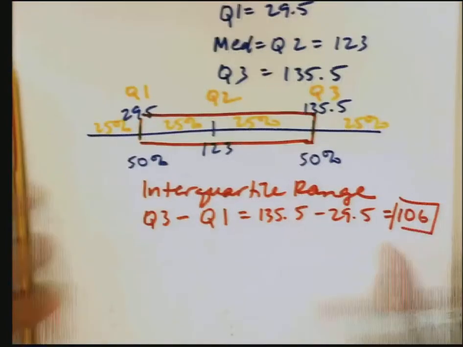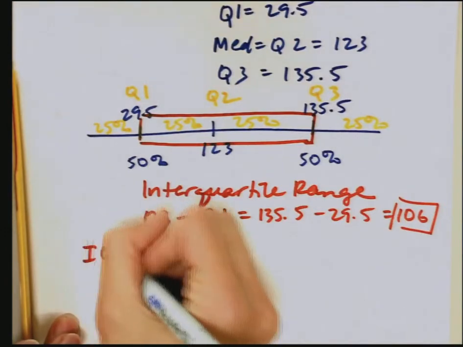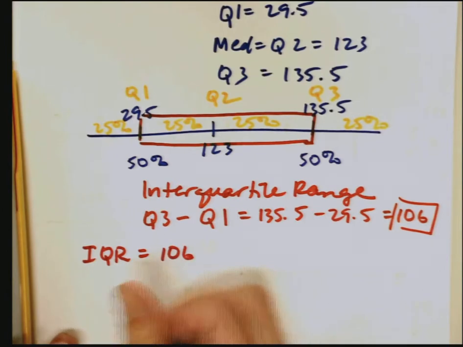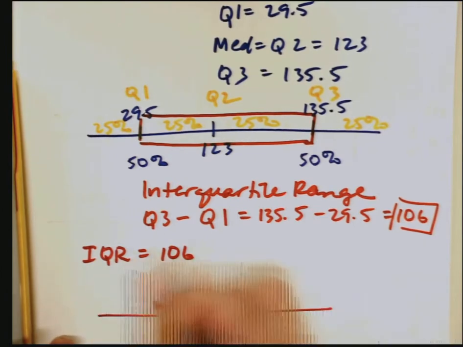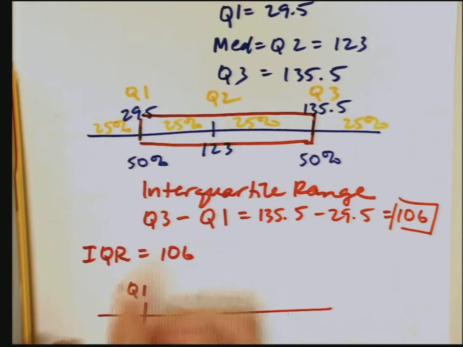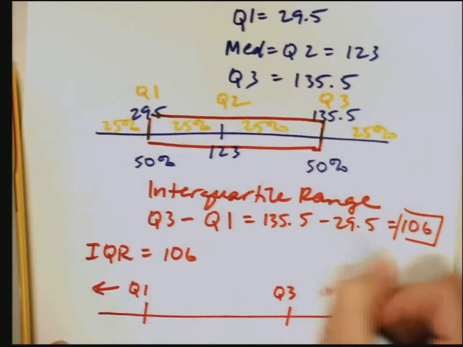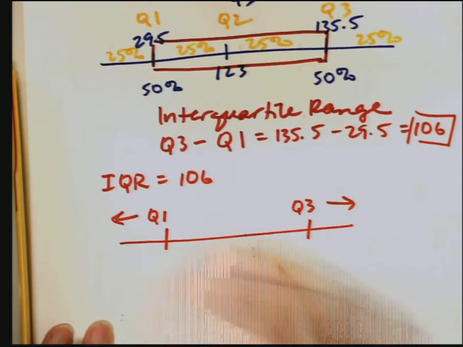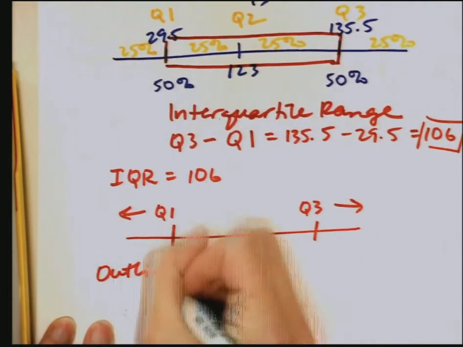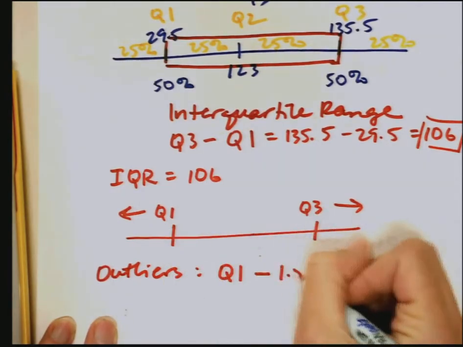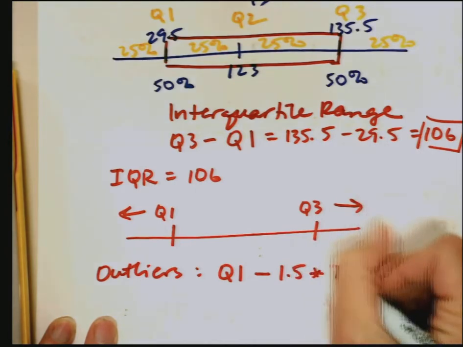I've got this interquartile range, so my IQR is 106. To check for outliers, I take quartile 1 and subtract 1.5 times my interquartile range, and I do something similar with quartile 3, adding 1.5 times the interquartile range.